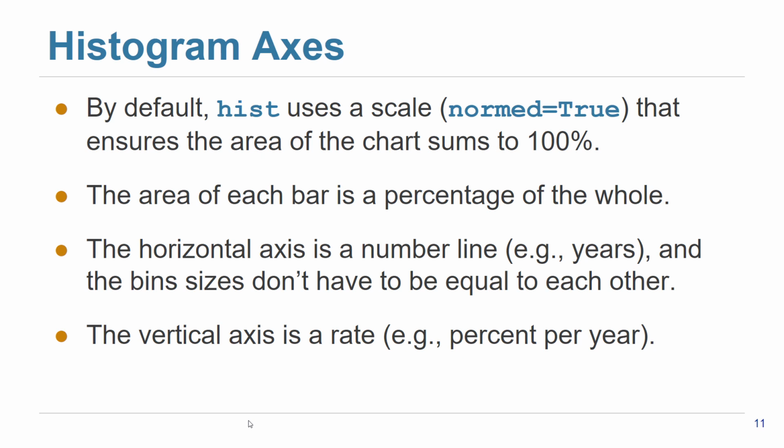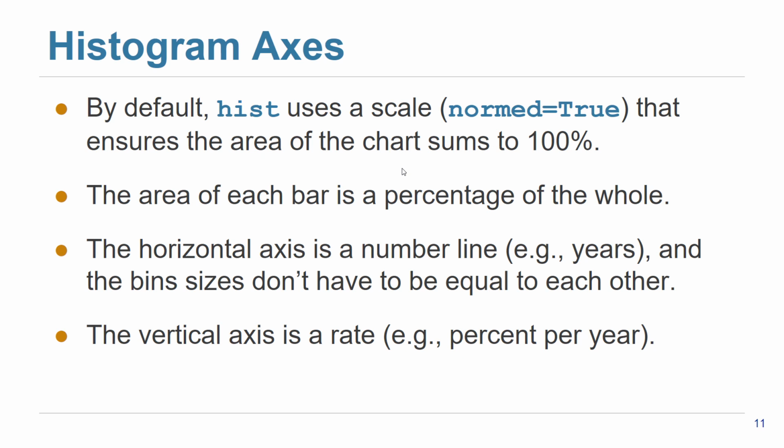And this is a summary of the density issue. We said that the histogram uses the scale if norm is equal to true, and that's the default. That ensures that the area of the chart sums to 100. What does that mean? That means that the total area of the bars is 100. Why is that?